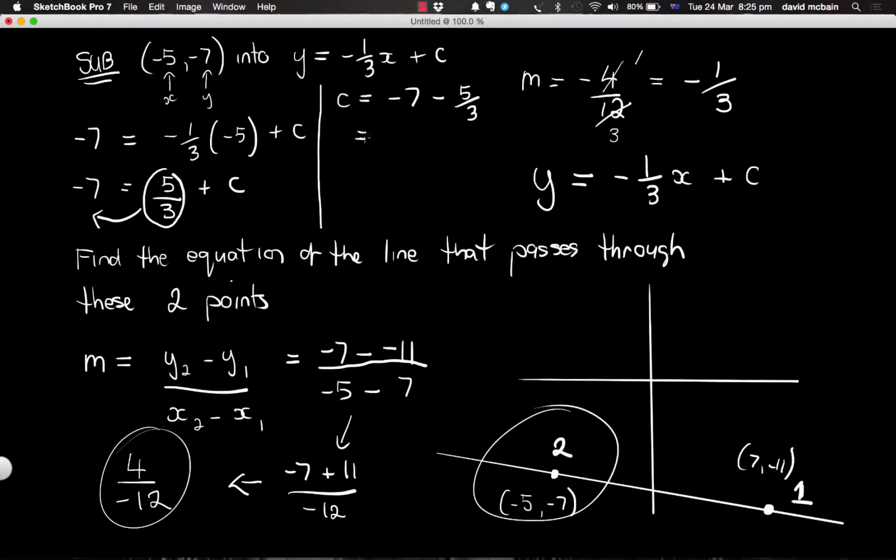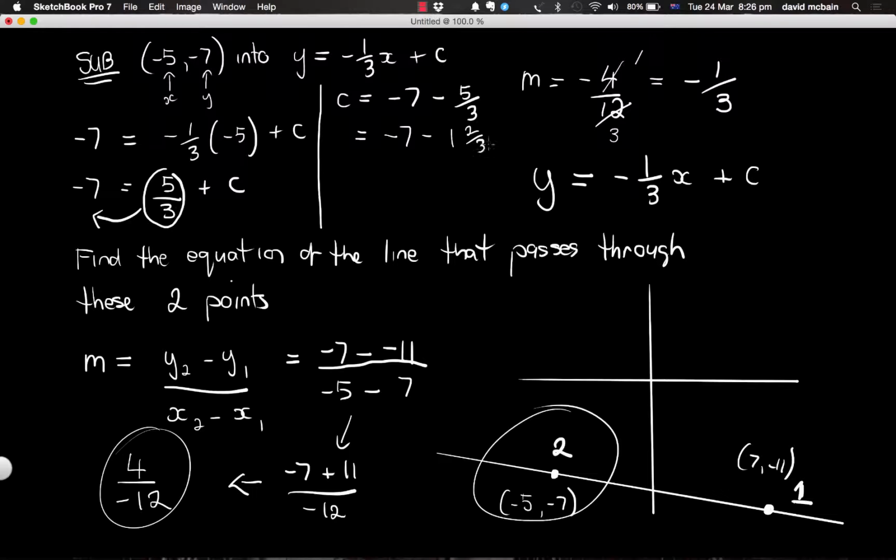Now, we can do this as a mixed number. There are a number of ways we can do this. I might do this as a mixed number. So we're going to go -7 minus, now 5/3 is actually 1 2/3. So minus 1 2/3. So -7, take away 1, is going to give us -8.